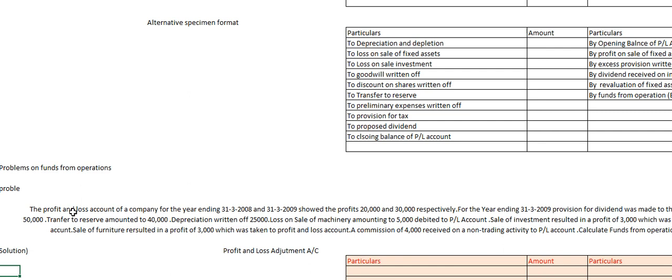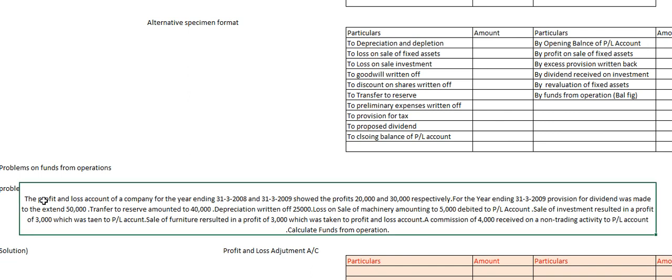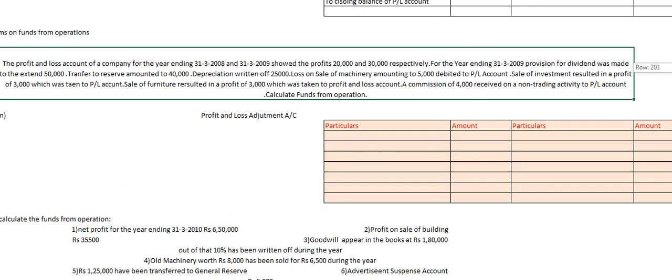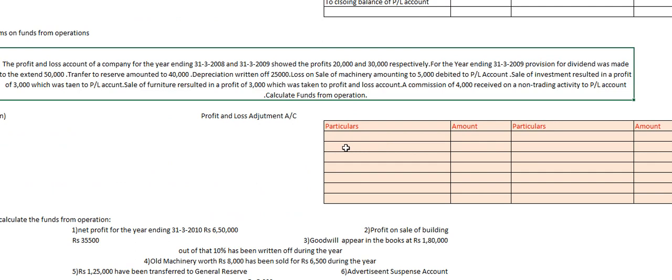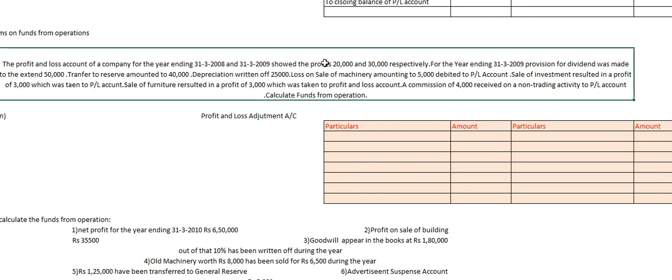So let me read back the question, which tells the profit and loss account of the company for the year ending 31st/3/2008 and 31st/3/2009 shows the profits 20,000 and 30,000 respectively.